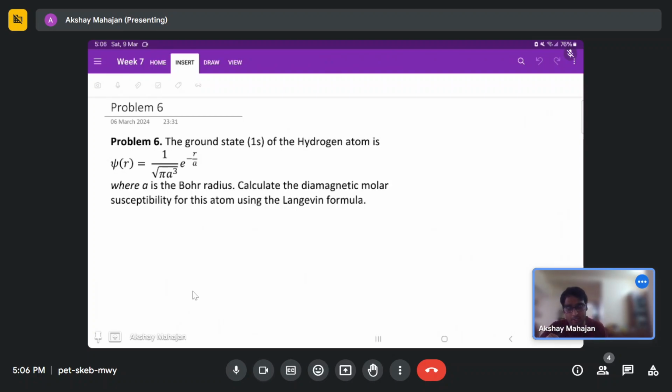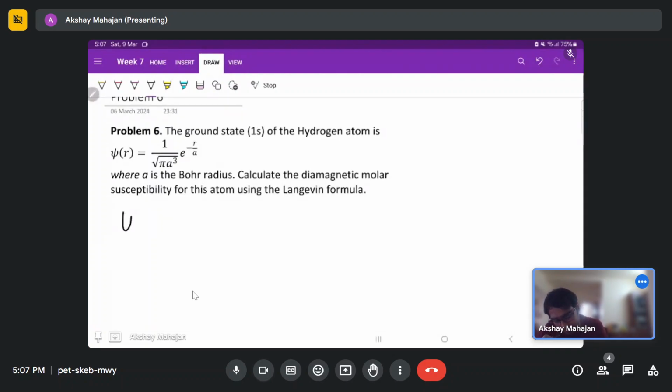We have found the diamagnetic susceptibility before, but in that case it was given that we take r square as approximately equal to a naught square. But now in this case, you have to use the average of r square, if you remember the formula. That is not given to us; instead a wave function is given to us. So we have to solve this now using the Langevin formula.